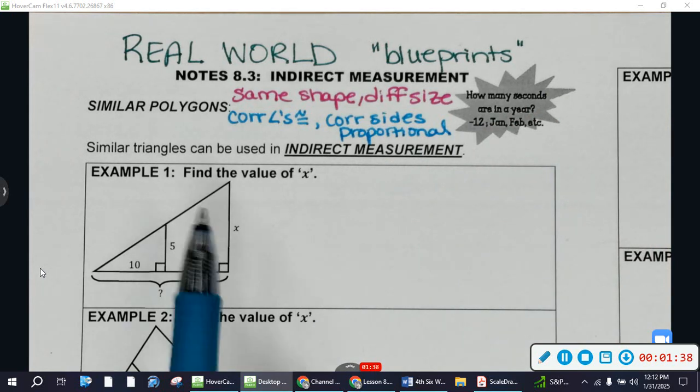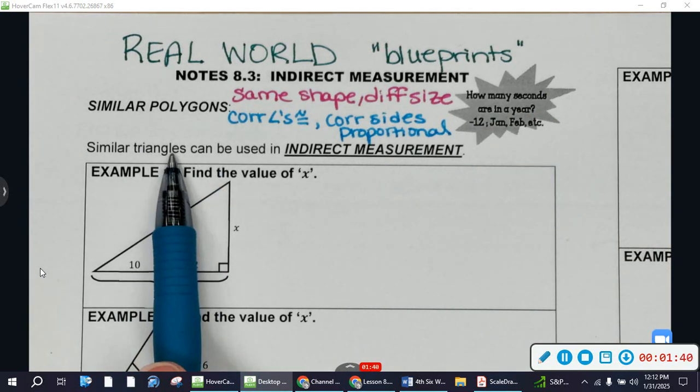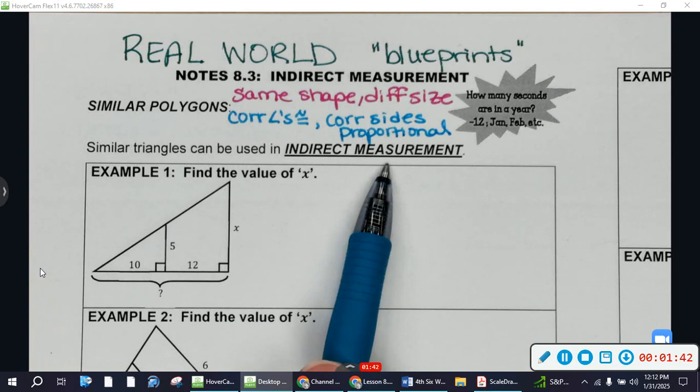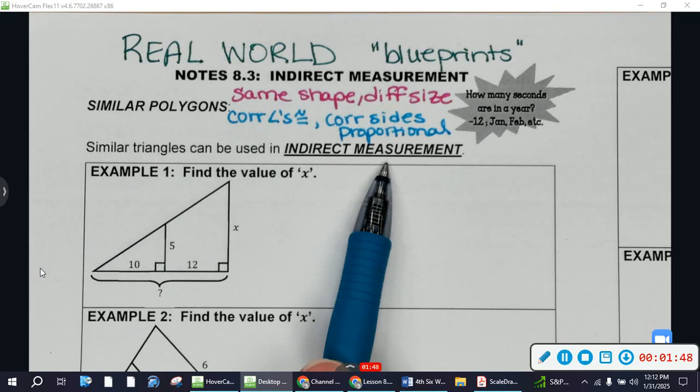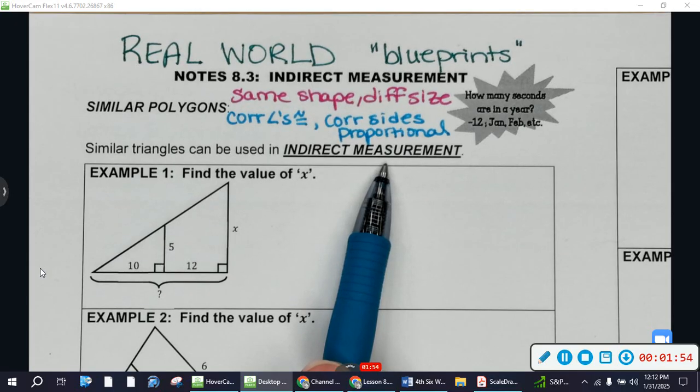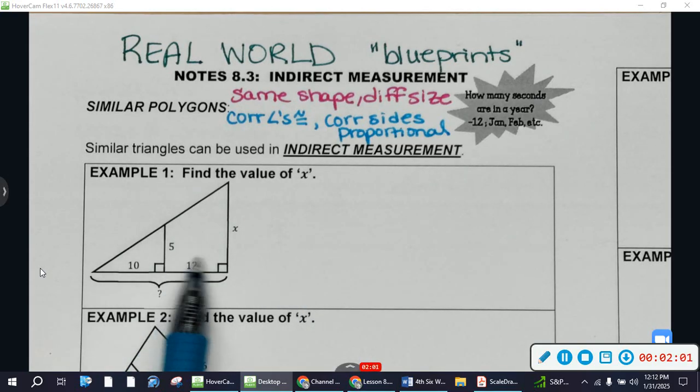And we can use these similar polygons to help us with indirect measurements so that we can find lengths of buildings that we wouldn't normally be able to measure with a ruler, or if you're far away from something. This is what surveyors do often, would be a picture like this, and they actually use trig and all sorts of cool stuff.